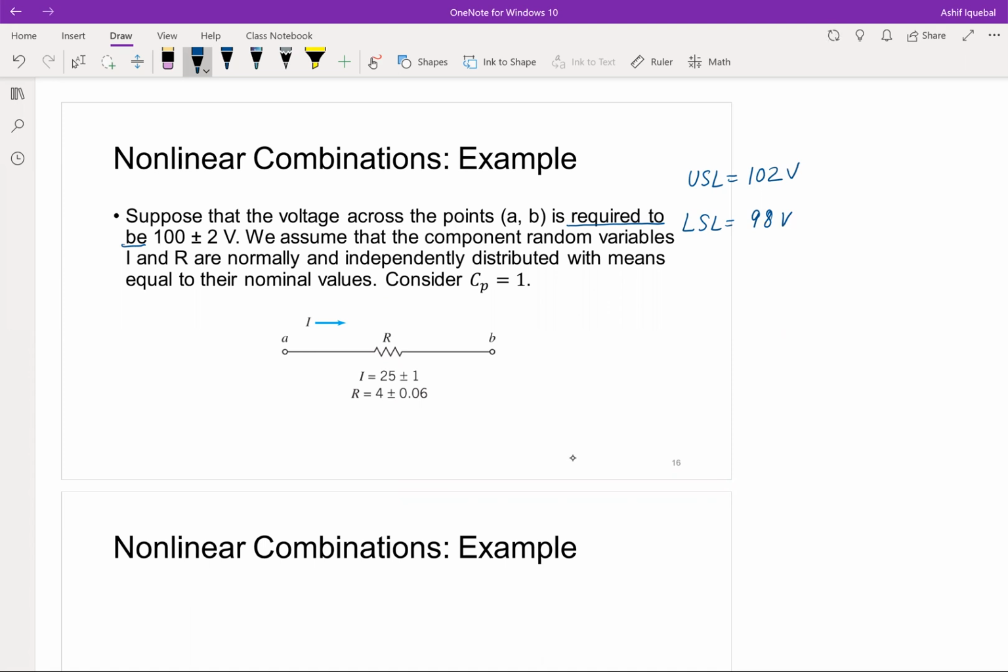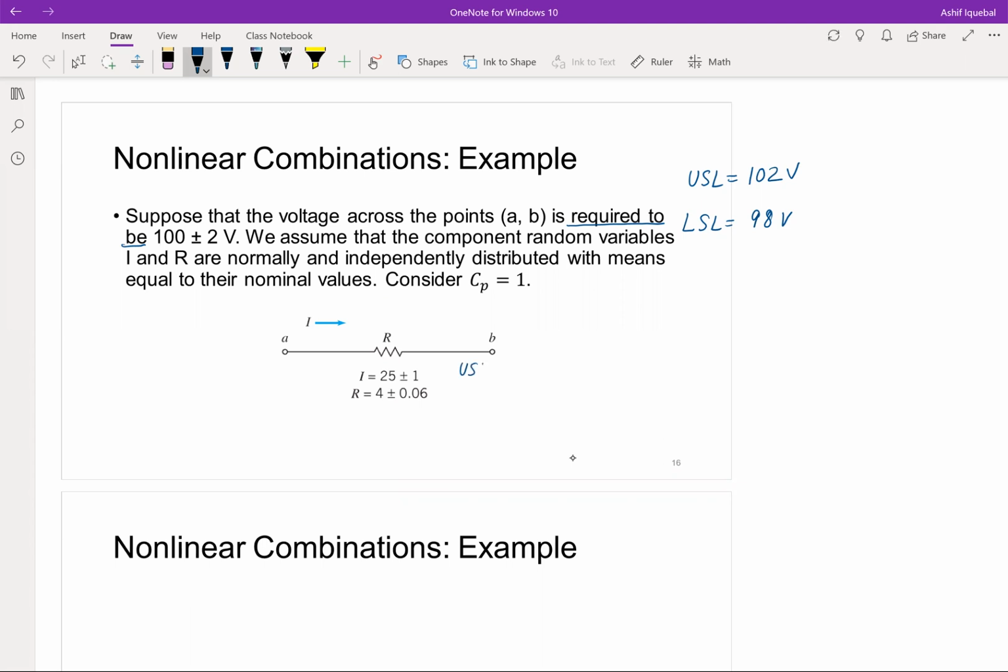Now we assume that the component random variables I and R are normally and independently distributed with means equal to their nominal values. And we have the nominal values given here. I is equal to 25 plus minus 1, and R is equal to 4 plus minus 0.06.